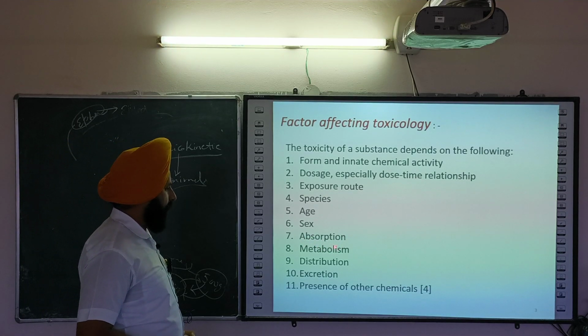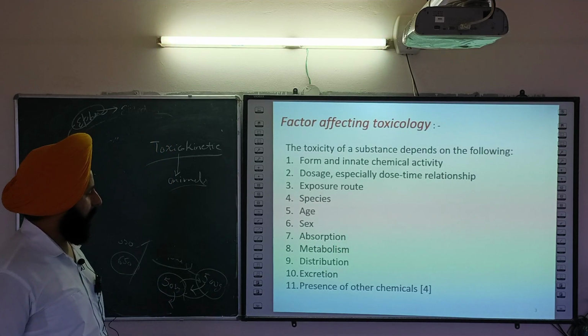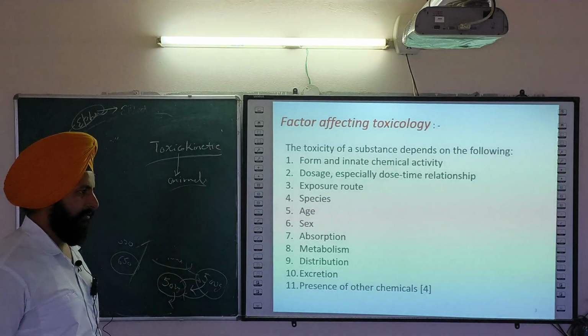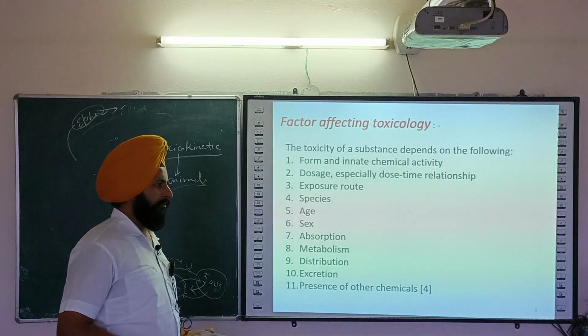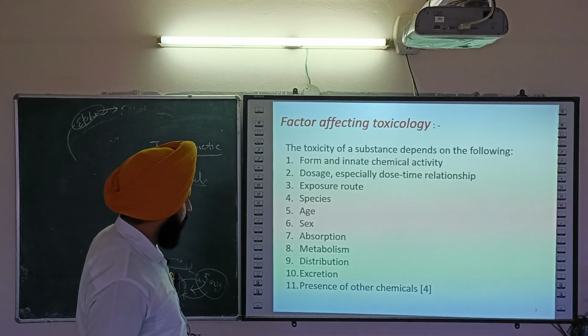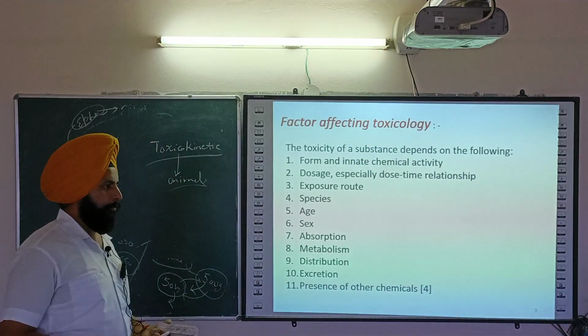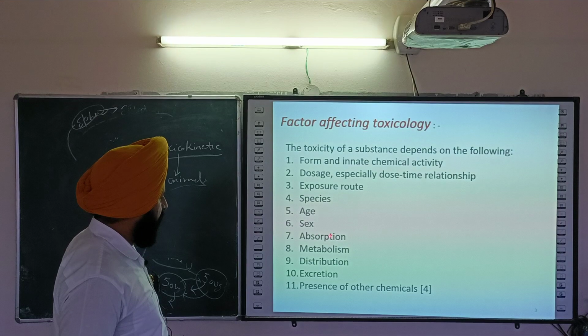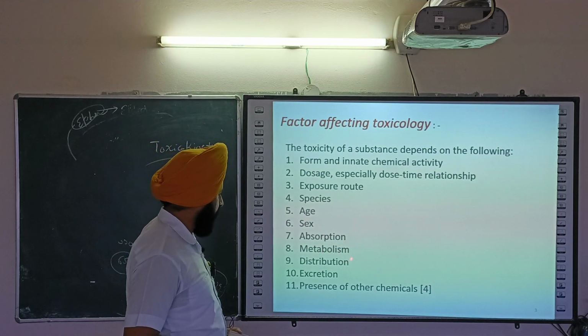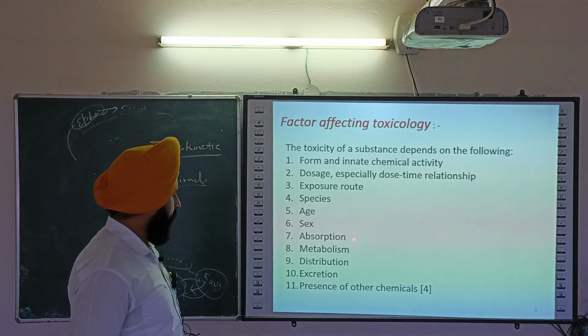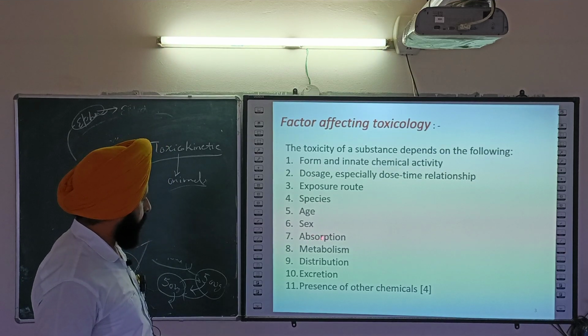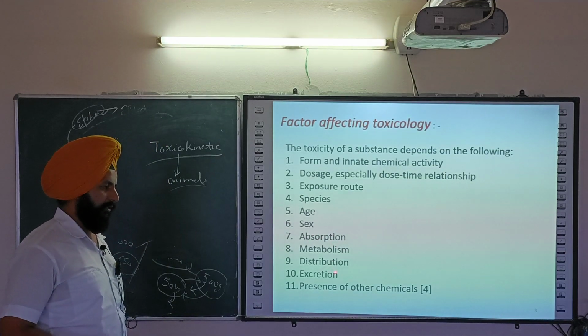So absorption, you know, depends upon the nature of a substance. That means hydrophilic substance, acidic substance, basic substance, neutral substance, similarly acidic drug, basic drug, neutral drugs, or some antacids, because absorption is affected by the pH of the gastric solution.